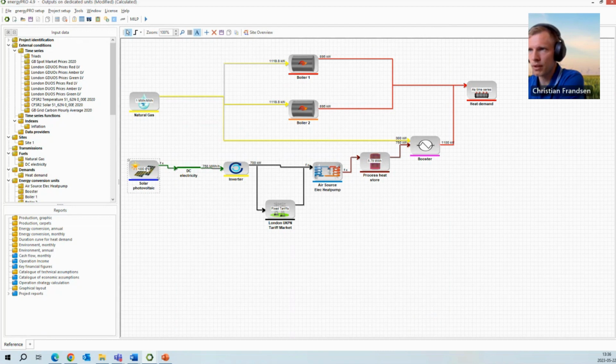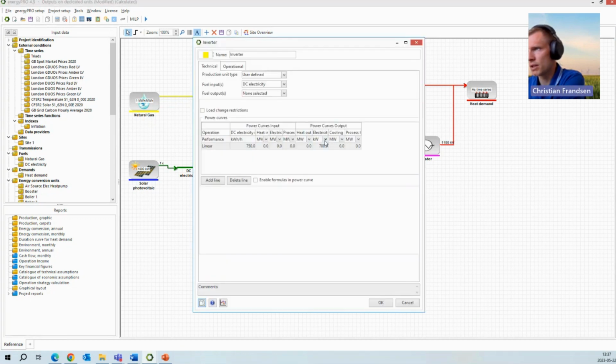So the PV panels produce this DC electricity, and it goes through the inverter with the loss. You can see 750 going in, 700 going out. Okay, it's kilowatts and kilowatt hours per hour.